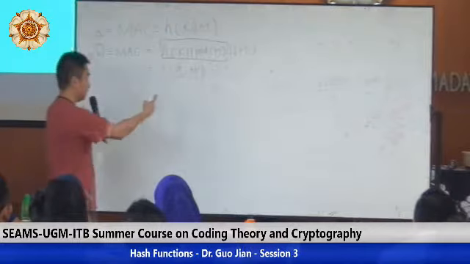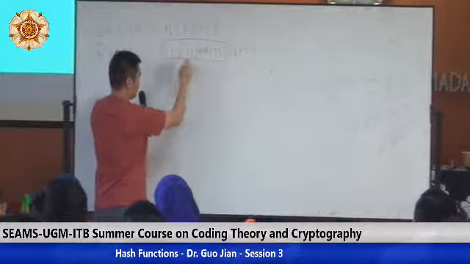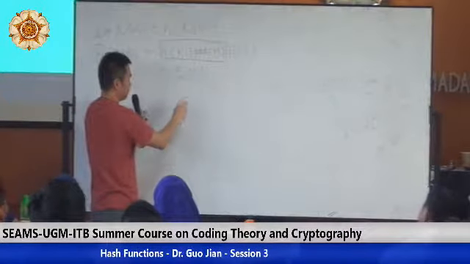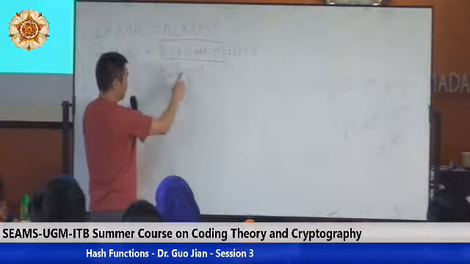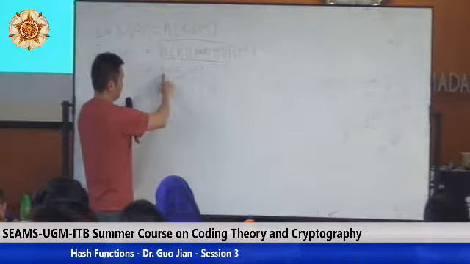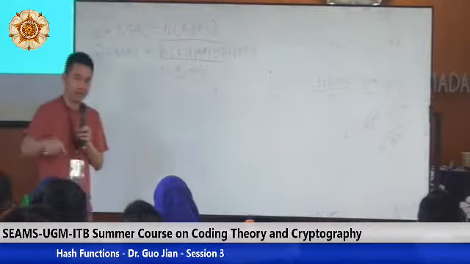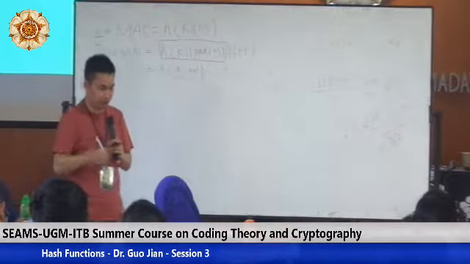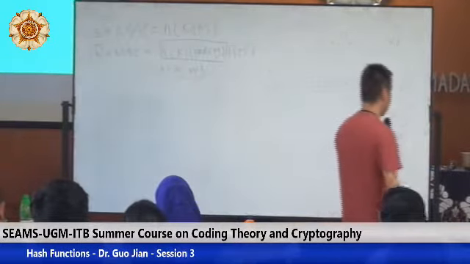However, in this case, without knowing the key, I know that after processing the key and padded M, it is A. So I don't need to know the K. I will be able to know the A. Concatenate with the M prime, I will be able to produce the hash digest B. So this is called a length extension attack. Without knowing the key, you are able to produce another message together with the message authentication code corresponding to it.